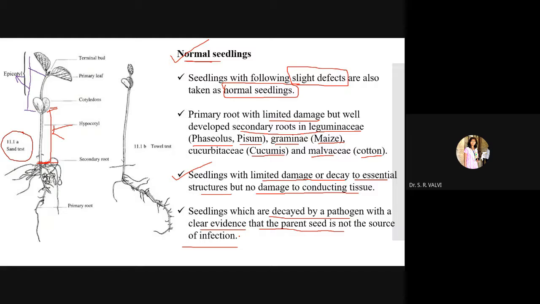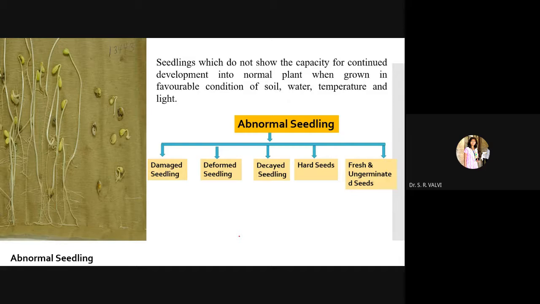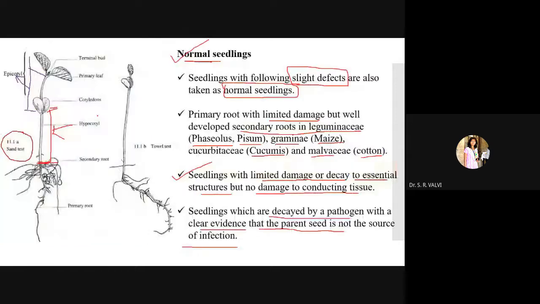The seed which you have sown on paper, sand or soil was normal during sowing, but after that a pathogen infected it, so that type of seedling is also considered a normal seedling.